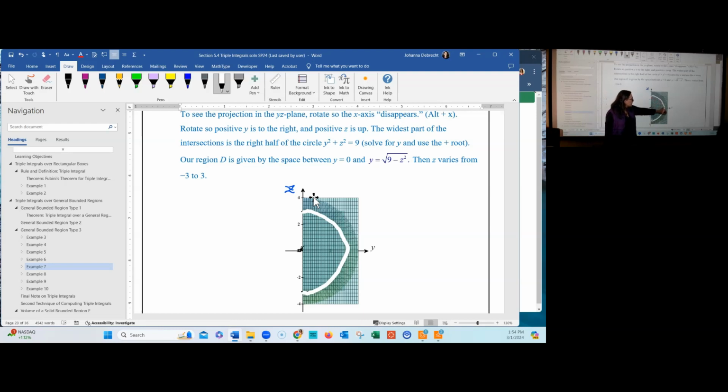However, we want the right half, so we want to solve for the independent variable y in terms of the dependent variable z. In this case, our z value is going to go from -3 to 3, but our y is going from, on the left, y equals 0, which is, of course, this plane here, over to the semicircle, y equals the square root of 9 minus z squared.